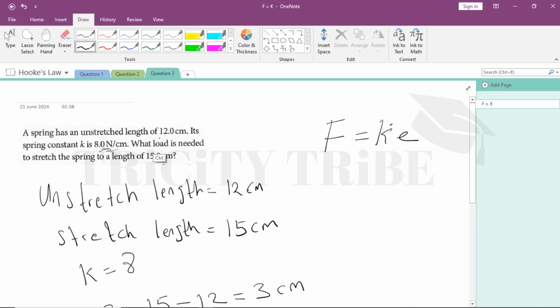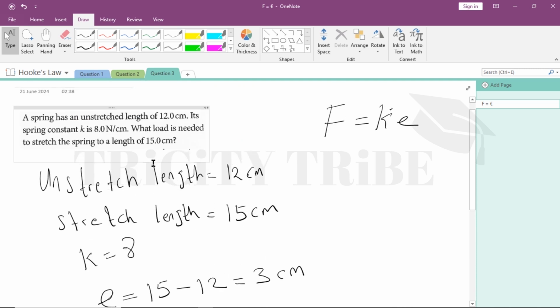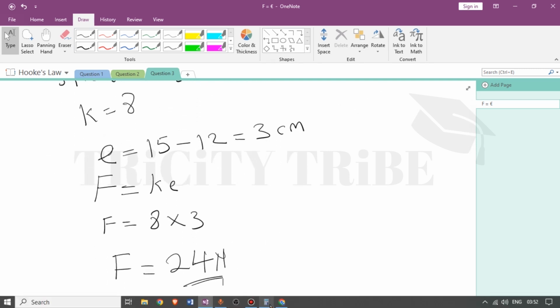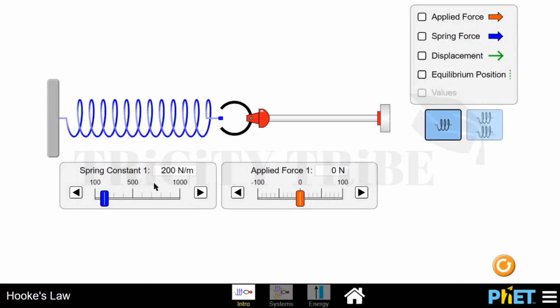And we're told that it requires 24 Newton. Let's see what we can do here. Oh, okay, the lowest we have here is 100 Newton. But let's keep it at 100 Newton.